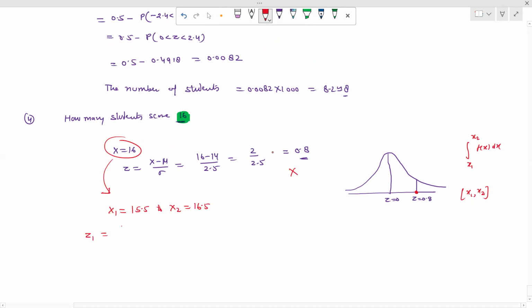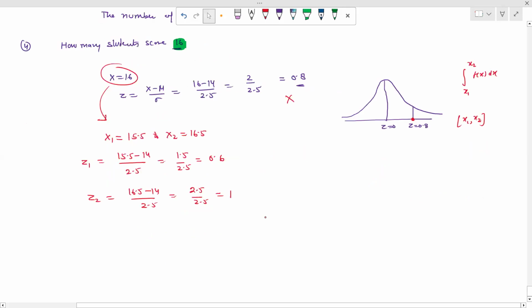For z1, 15.5 minus 14 upon 2.5, so this is 1.5 upon 2.5, which is 0.6. And for z2, 16.5 minus 14 upon 2.5, so this gives us 2.5 upon 2.5, which is equal to 1.